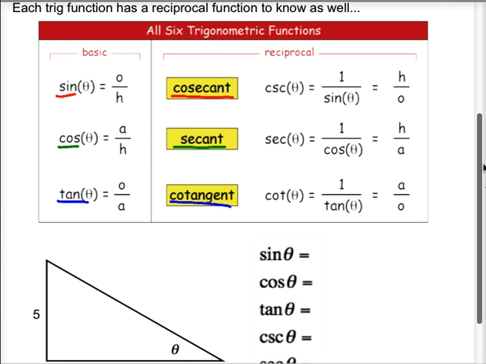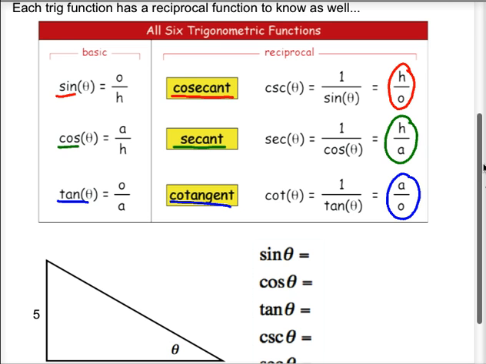All right? So notice, cosecant, instead of being opposite over hypotenuse, is hypotenuse over opposite. Secant, instead of being adjacent over hypotenuse, is hypotenuse over adjacent. Tangent, instead of being opposite over adjacent, is adjacent over opposite.